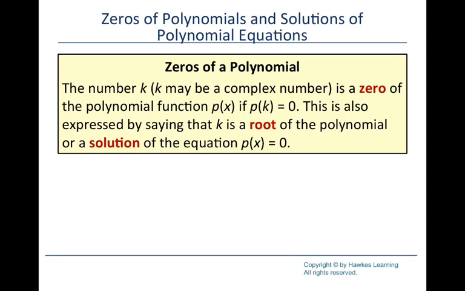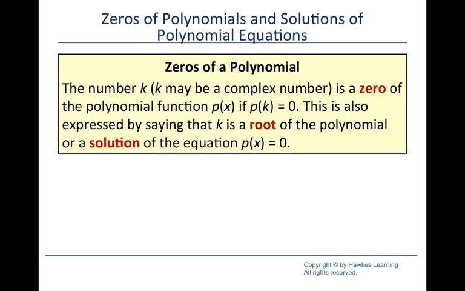Alright, the number k is a zero of the polynomial function, and k can be a complex number. There are real zeros and there are complex zeros. We'll talk about complex zeros more later than we will this time. Okay.